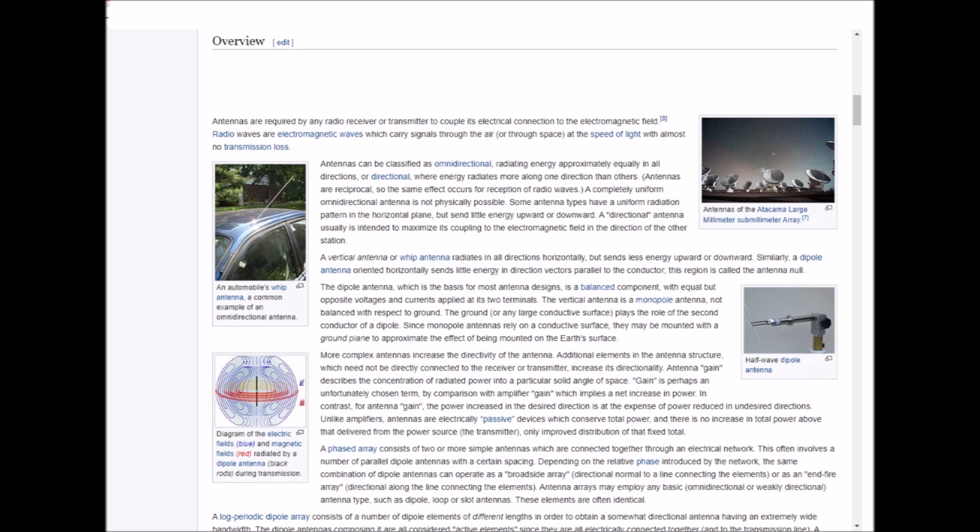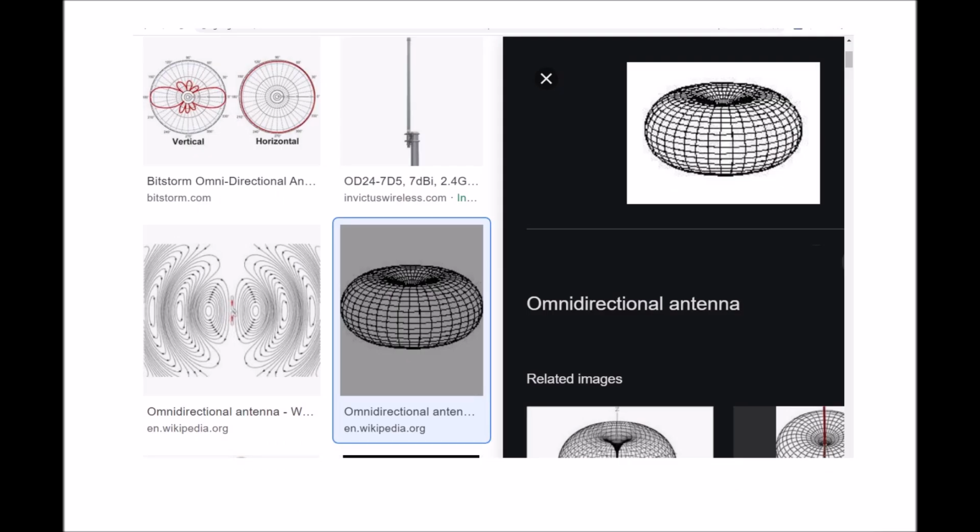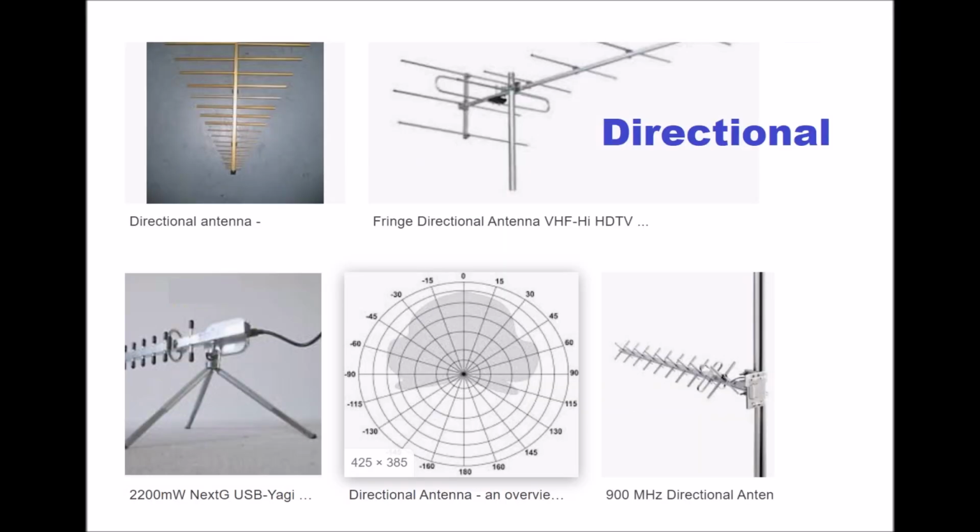Antennas can be classified as omnidirectional, radiating energy approximately equally in all directions, or directional, where energy radiates more along one direction than others. Antennas are reciprocal, so the same effect occurs for reception of radio waves.